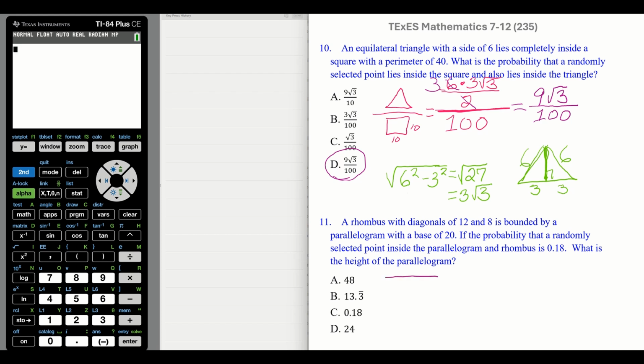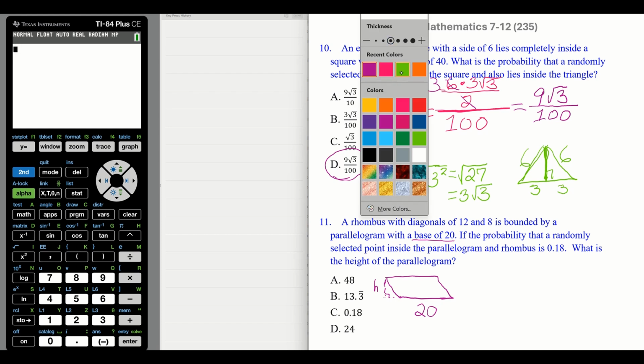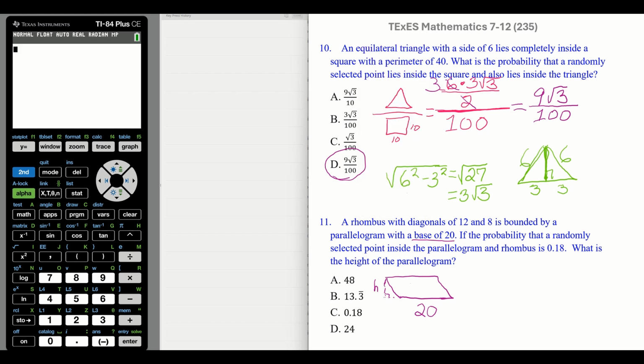Okay, let's say we have a parallelogram. And we know it's saying the base is 20. We don't know this height over here, H. We don't know that height. But we do have inside a rhombus. Here's a diagonal. Here's a diagonal.